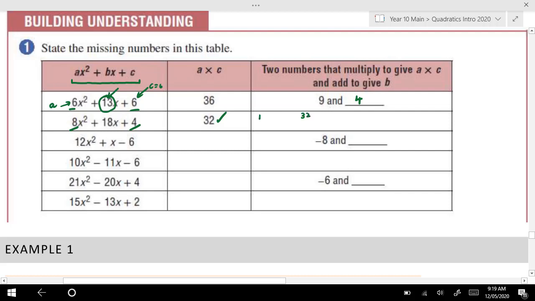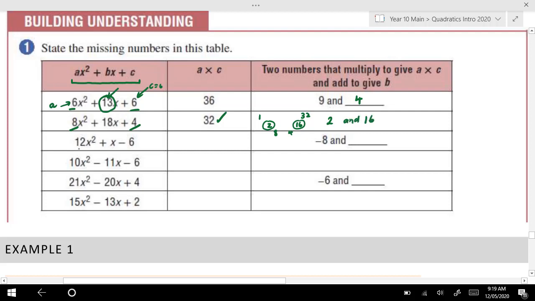We've got 1 and 32, we've got 2 and 16, we've got 8 and 4, and that's about it. What combination of these is going to add to give 18? Well, if I add those two, we're going to get 18. So that's going to be 2 and 16.